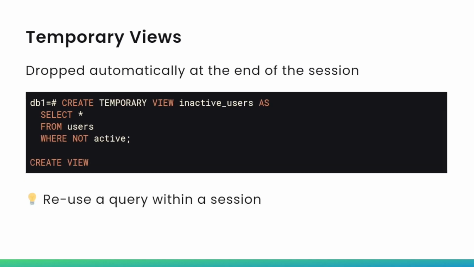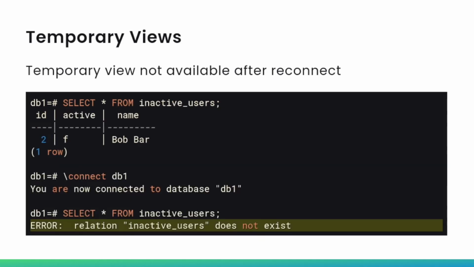Let's see an example. We can create this temporary view called inactive_users, which selects star from users where not active. This is a view that contains all the inactive users. And then we can select from inactive_users. We can see Bob Bar, the inactive user that we previously added.